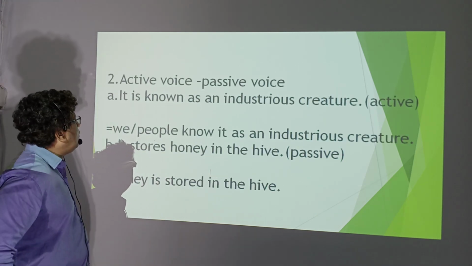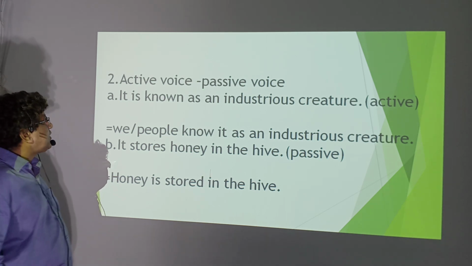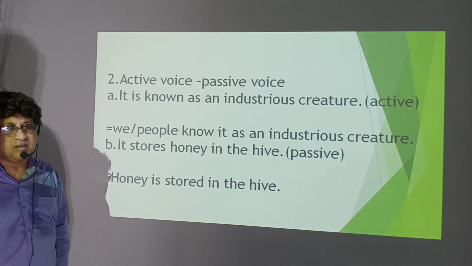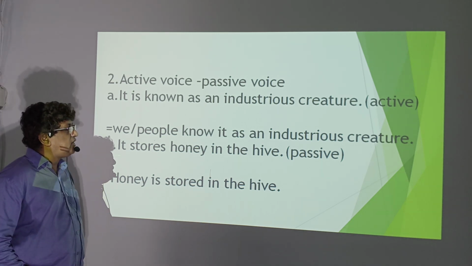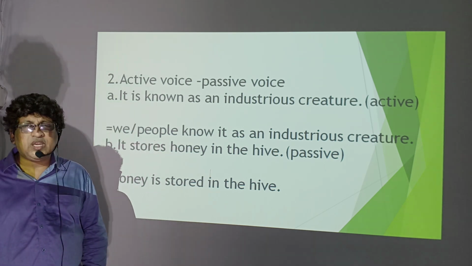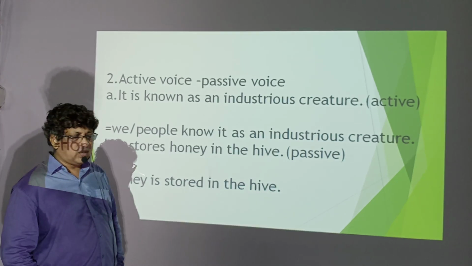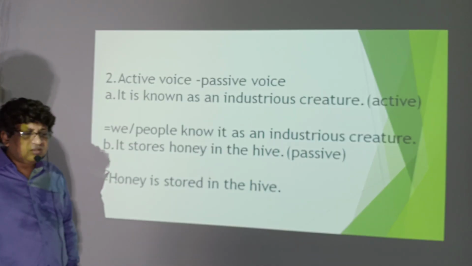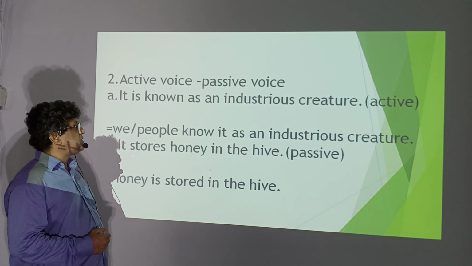Now we will come to our second subject changing pattern, that is active voice and passive voice. The tense forms we use in our usual writing are actually in the active voice.